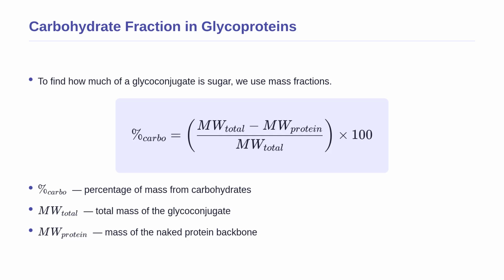In this equation, MW total is the weight of the entire hybrid molecule. MW protein is the weight of just the naked protein backbone. The numerator represents the absolute mass of the attached sugar chains. As the number of attached sugar chains increases, the carbohydrate percentage will naturally increase, changing the physical properties of the molecule.